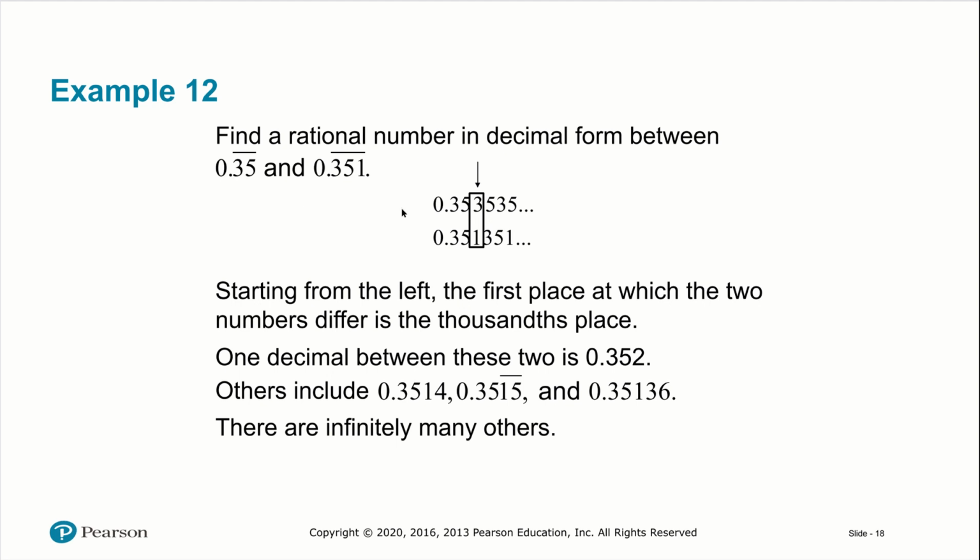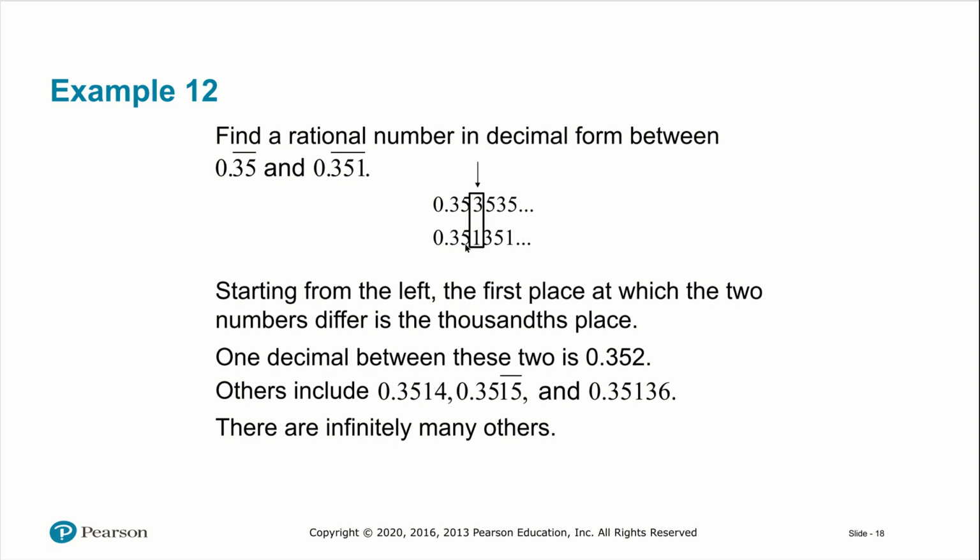Here we're going to repeat the 35, so 0.353535, etc. And here we're going to repeat 351, so we get 0.351, 351, etc. You can see that the larger number is going to be the one on the top, the 0.35 bar.